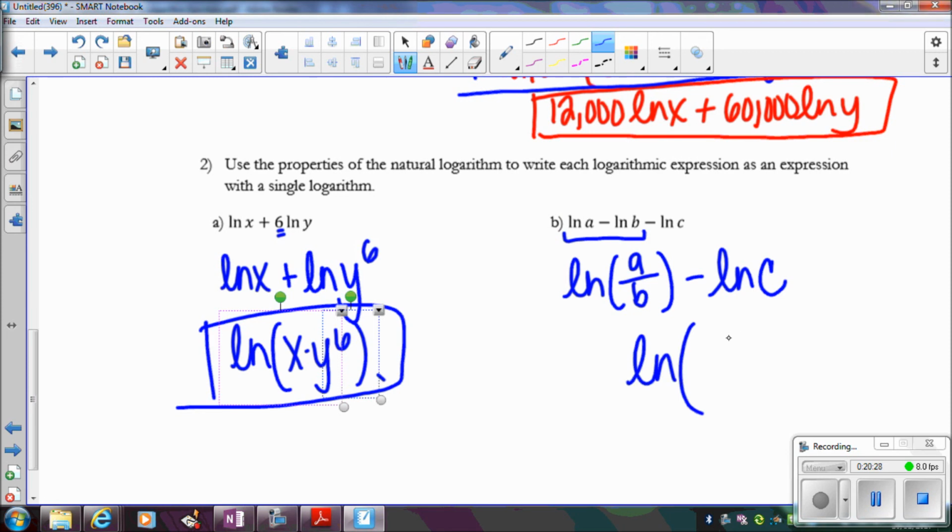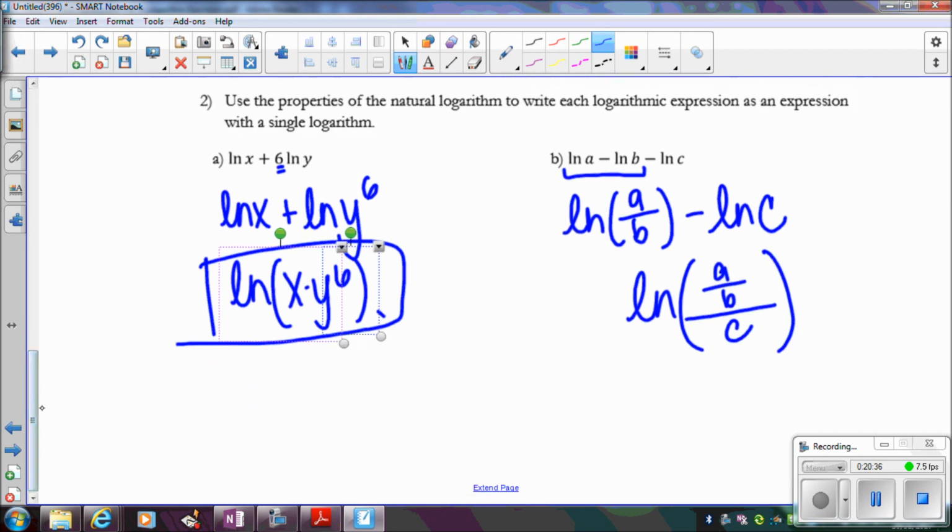So what it's going to be is A over B divided by C. So that's rewritten as a single log expression. Now instead of leaving it like this, since it's a fraction divided by another number, I'm going to rewrite it as multiplication. Remember when you divide fractions: keep, change, flip.